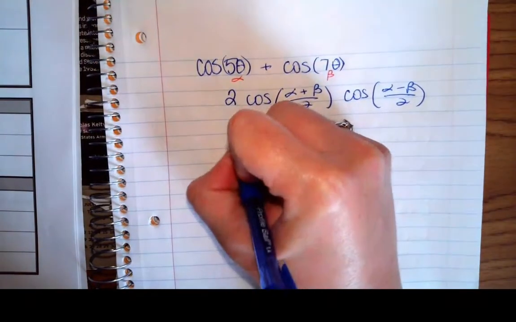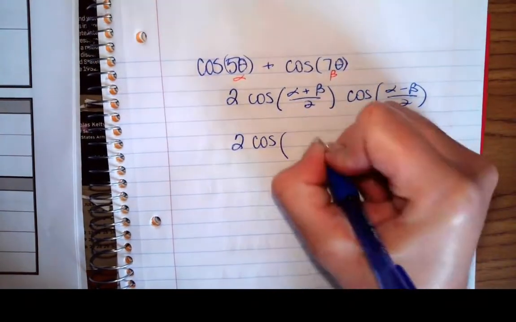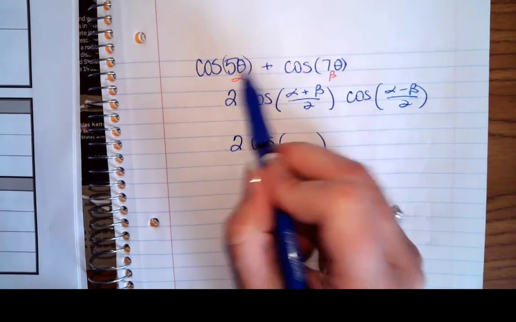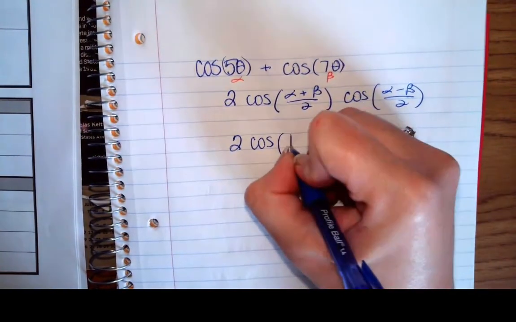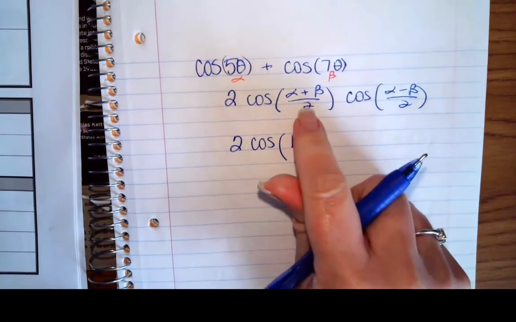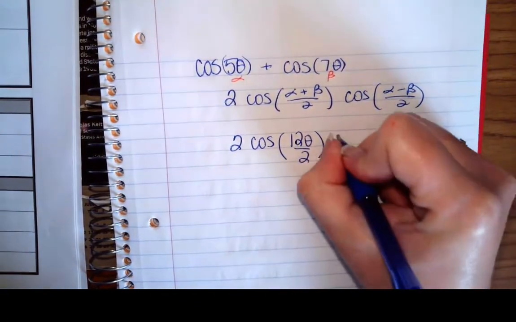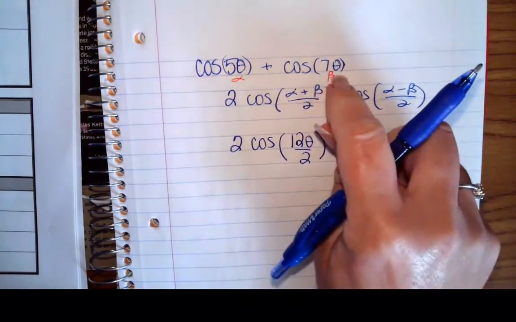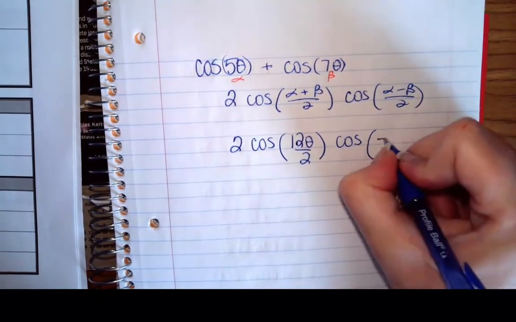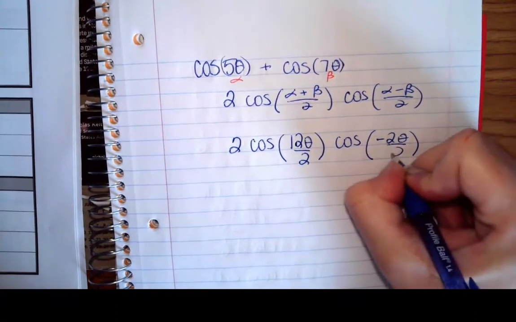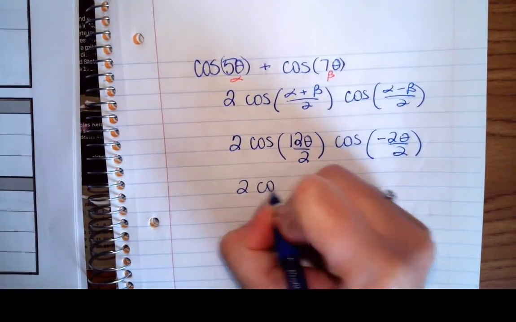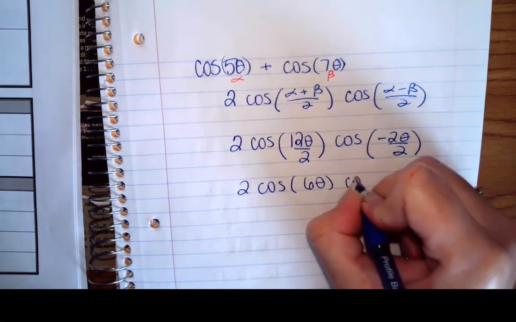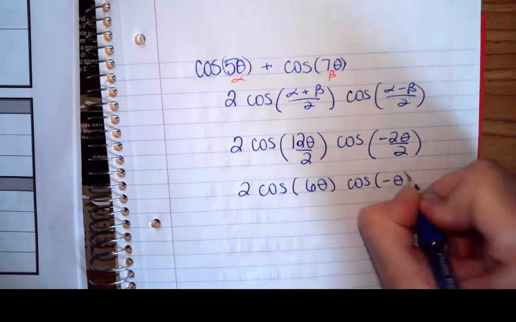When I sub in, I'm going to get 2 times the cosine of, add these things, so 5 thetas and 7 thetas is 12 thetas over 2, times the cosine of alpha minus beta. So 5 thetas minus 7 thetas is negative 2 thetas over 2. So that gives me 2 times the cosine of 6 theta times the cosine of negative theta.